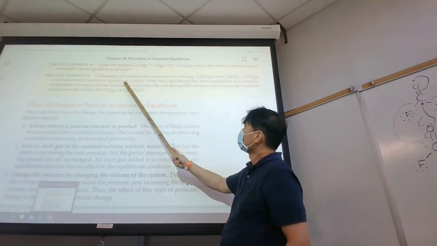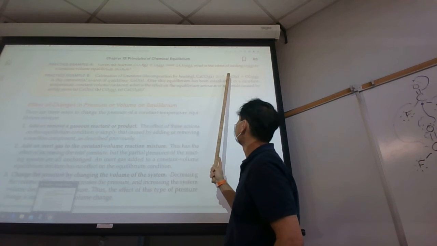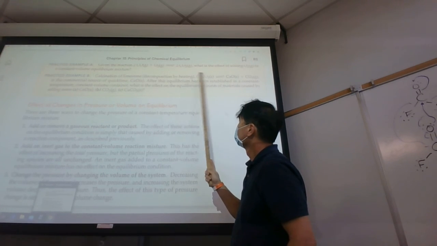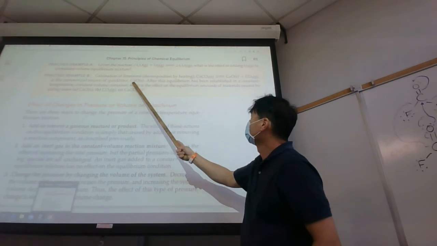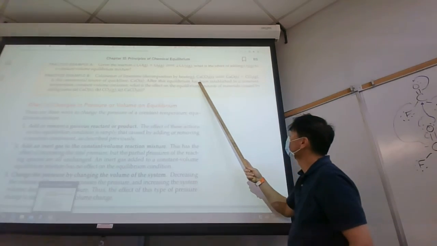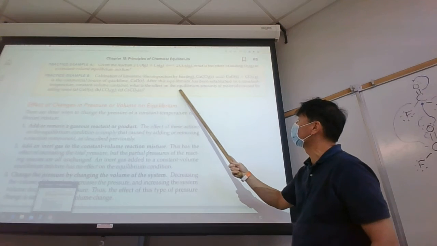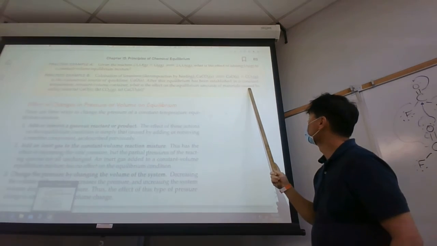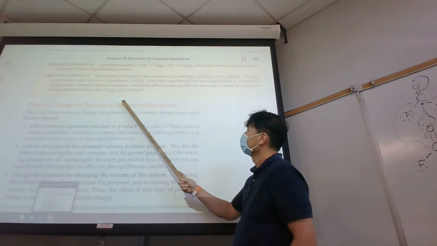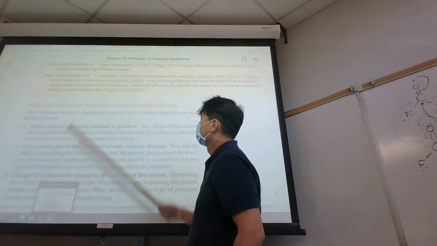It is the commercial source of quicklime, calcium oxide. Calcium oxide is called quicklime. Again, this is for concrete. After this equilibrium has been established in a constant temperature, constant volume container, what is the effect on the equilibrium amounts of materials caused by adding some calcium oxide?